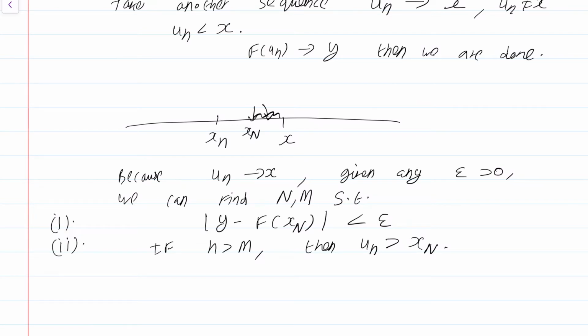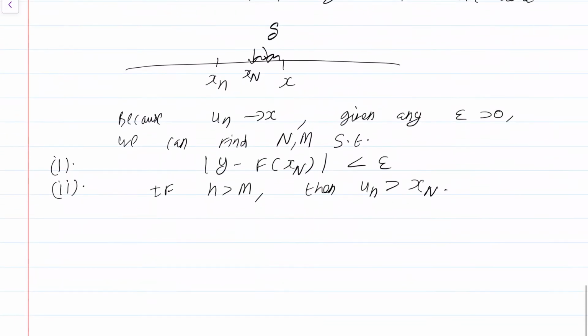Call that distance delta. All I'm saying is for this delta, there is a corresponding n delta, which I'm just calling capital M. So this just requires a little bit of thought. All I'm doing is, since xn converges to x, I can force it to be greater than x capital N for suitably large small n. That's what I have written down.